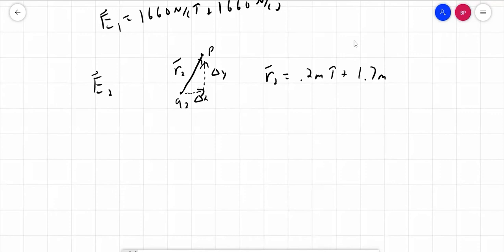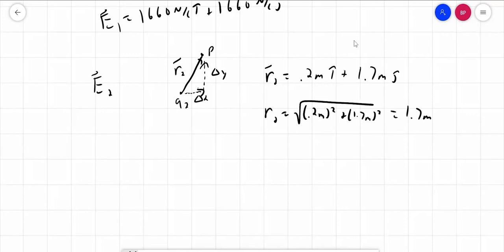That needs to be positive as well. All right, so this is our full vector. We can calculate the distance like we normally do. It's 0.2 meters squared plus 1.7 meters squared. So this is 1.7 meters. The reason why it's the same is because 0.2 is so much smaller than 1.7.